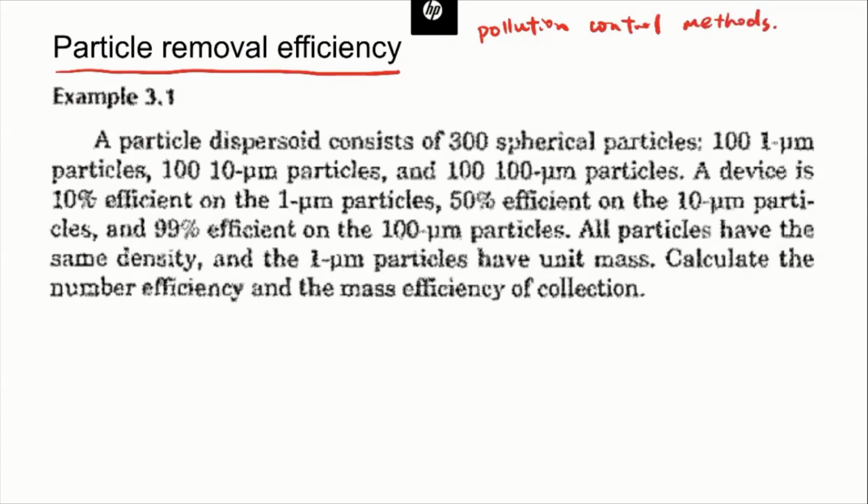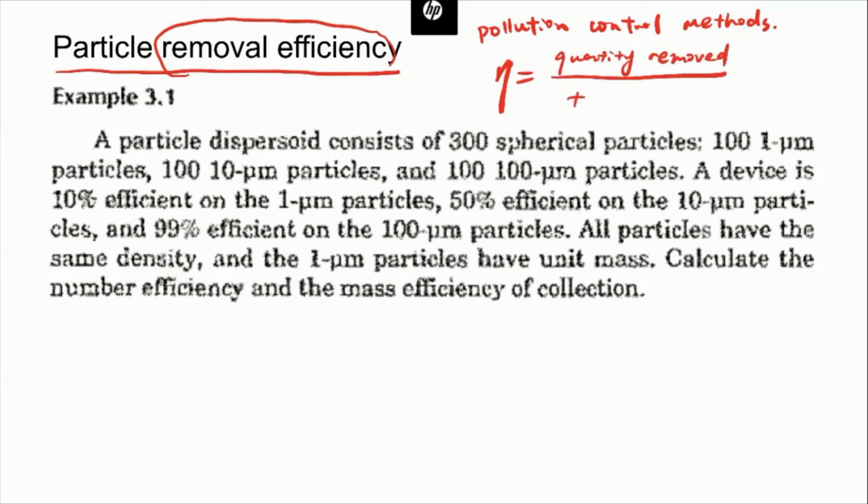People will always discuss the removal efficiency or control efficiency. This efficiency just means the quantity removed divided by the total quantity. This is how we calculate the removal efficiency.